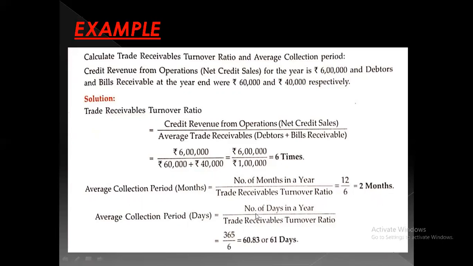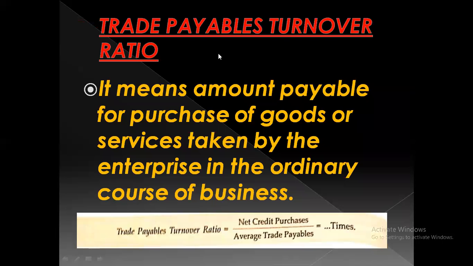If you calculate in number of days, the average collection period is number of days in a year divided by trade receivable turnover ratio. So 365 divided by 6 will be 60.83 or 61 days. That means the collection department will collect the money from the debtors and the bills receivable within 2 months or within 61 days. Now, trade payable turnover ratio.